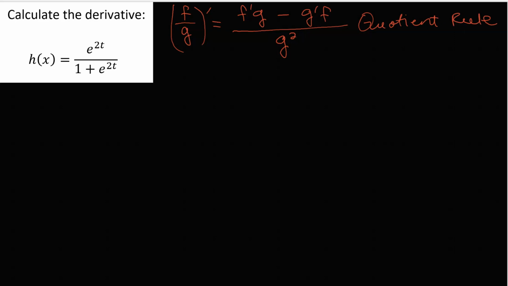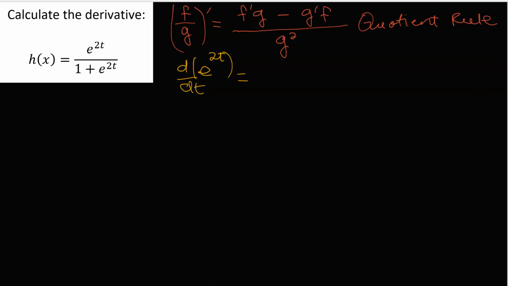Then while you are taking the derivative of the first function, which is e to the 2t in this case, you need to also apply the chain rule. Okay, so as I said before, the chain rule is always there, no matter if you are applying the product rule, the quotient rule, or the sum or whatnot, right?